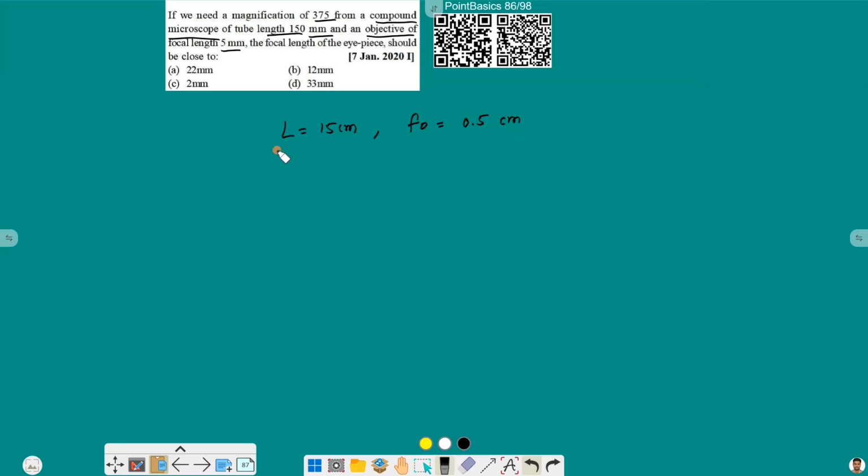Now magnification is given by f of O by f of E into 1 plus d by f of E, where d is the distance of least distinct vision, that is 25 centimeter basically. So magnification is 375 here.